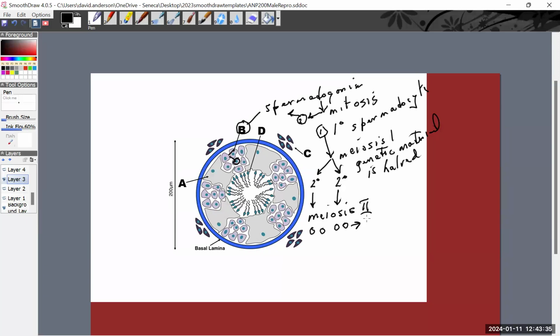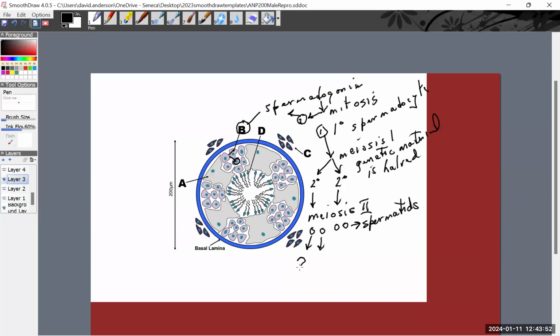These cells are going to be called spermatids. And at this point, these are immature spermatozoa.